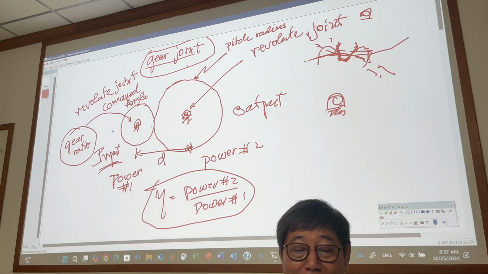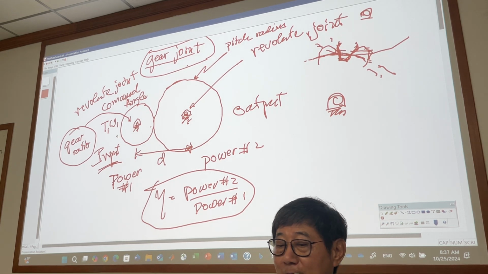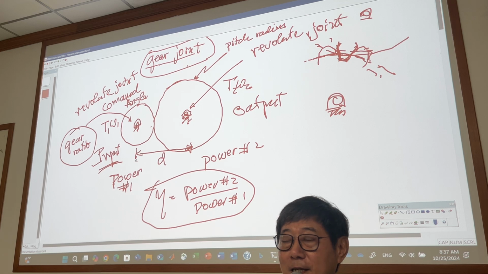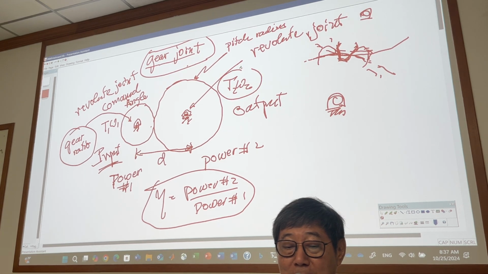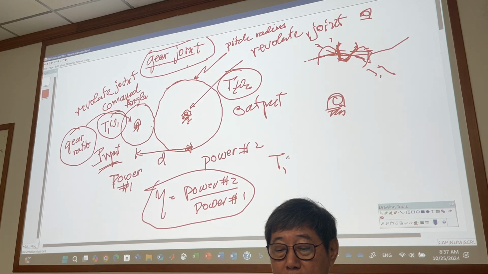I say this side has power, torque 1 and omega 1, and the other side has torque 2 and omega 2. There are two sides. Power transmission means you convert this one to this one.